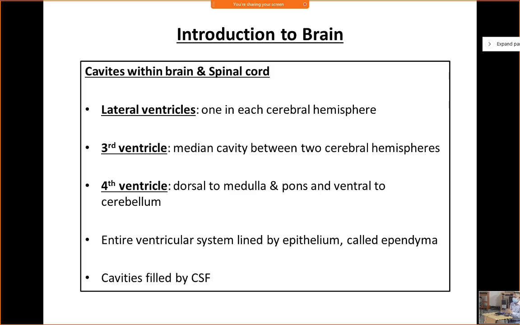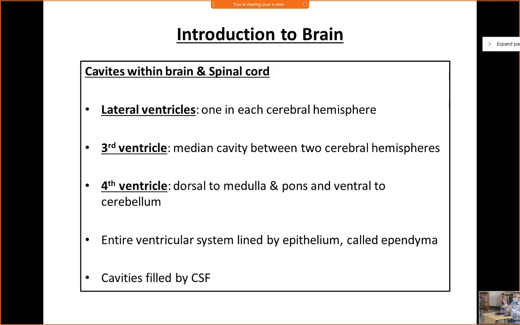Then the fourth ventricle. The fourth ventricle is caudal, dorsal to the medulla. The medulla and pons lie anteriorly, and posteriorly we have the cerebellum. In between there is a space, and that space is called the fourth ventricle.